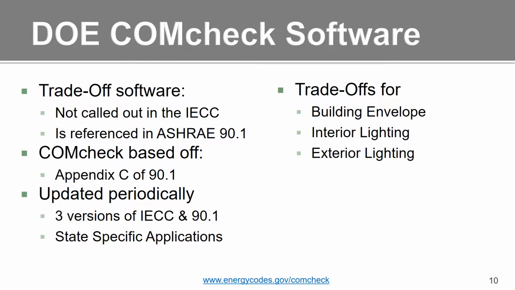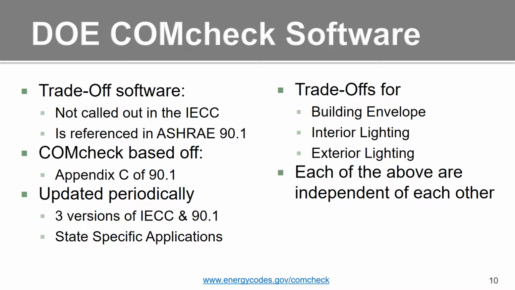Trade-offs can be made within the software for the building envelope only and lighting as well, but they cannot be interchanged. You cannot have efficient lighting to offset some of the building envelope provisions. If you wanted to do that, you need to go the whole building energy code route as allowed in the energy codes.